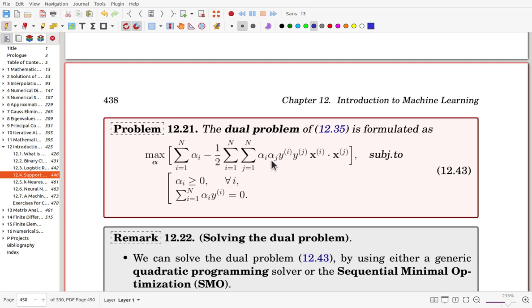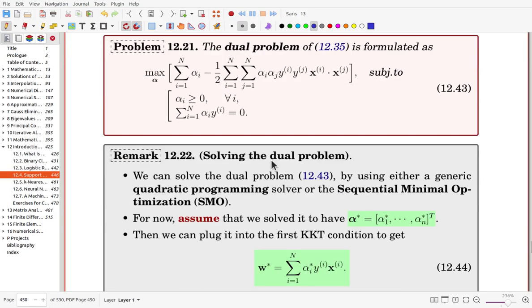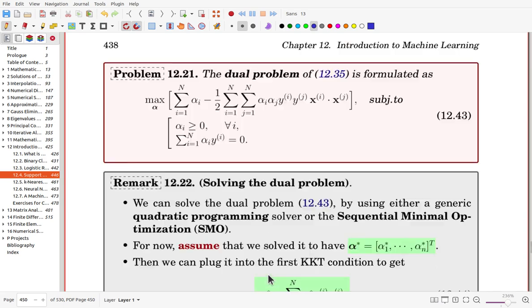We will not go into the detail of the solution of this dual problem. Now we'll assume we found the optimal value for this problem. So alpha star is now the collection of Lagrange multipliers at the optimum. Okay, then by using these optimal values for the Lagrange multipliers, and by using the first KKT condition, we can obtain W star.